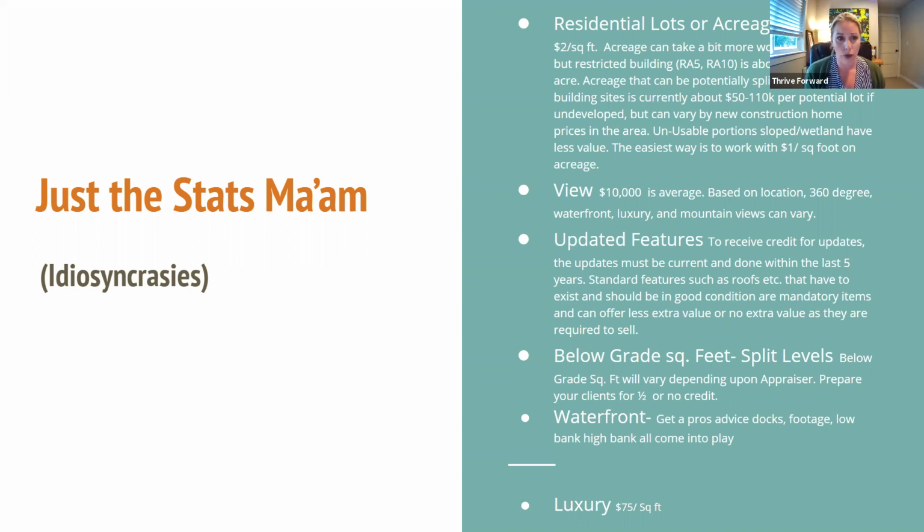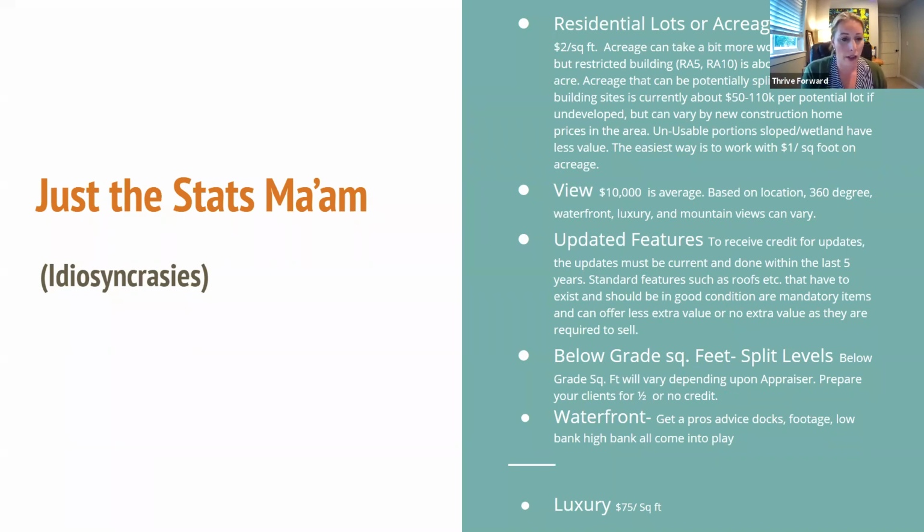I do clarify that for my clients, but we're going to try to give them as much as possible. But for the past year, I've never seen anything with no value at all. They're just giving it half value. So keeping that in mind, if it's King County and it's $50 a square foot, anything below the ground is getting $25 a square foot.